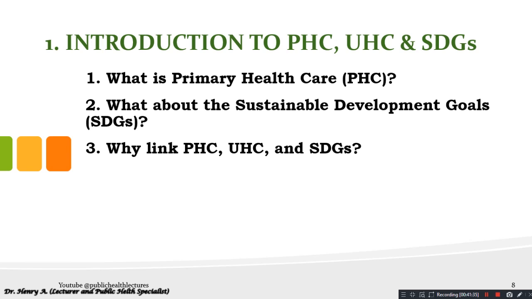Now, the UHC will then come in to measure whether the system, that is the PHC, is actually delivering this fairly to everyone. So while the primary health care is providing these principles of fair access, financial protection for all, and service coverage for everyone, the UHC comes in to say, let us look at it.